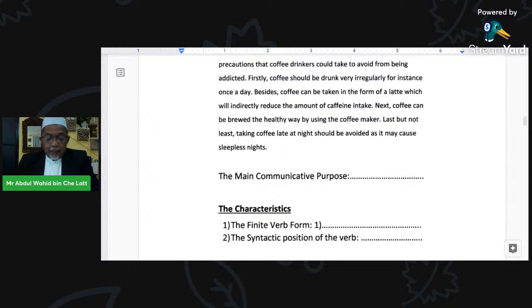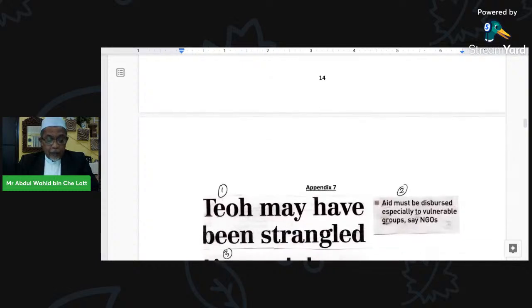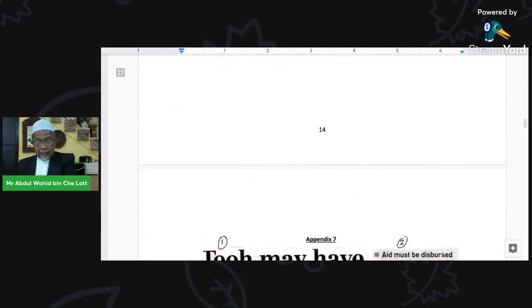Okay, for the syntactic position of the verb, you write located after the subject. Okay, ladies and gentlemen, to reinforce the above concept and prove that the two criteria communicate an argument, let us look at Appendix 7.